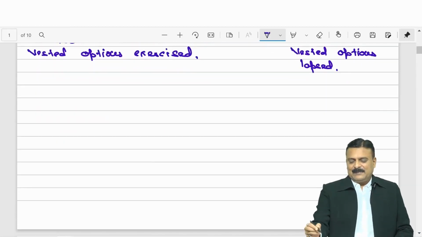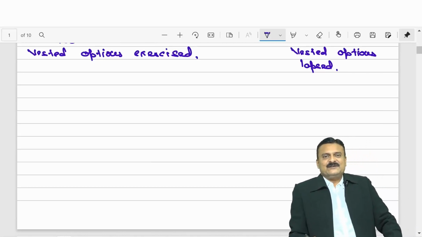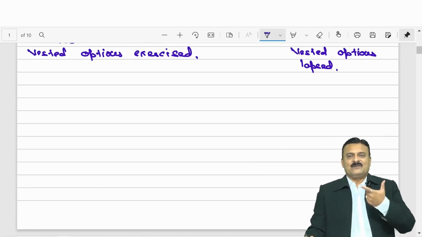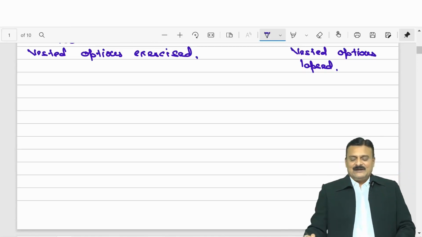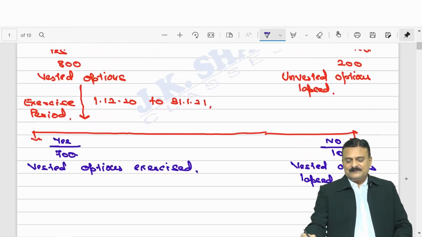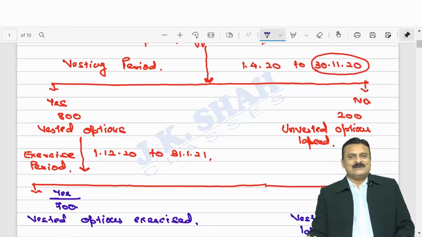The accounting will depend upon 2 situations: whether the scheme, the vesting period, is within 12 months or more than 12 months. In our question, what I had shown you, definitely the vesting period is only 8 months, within 12 months.